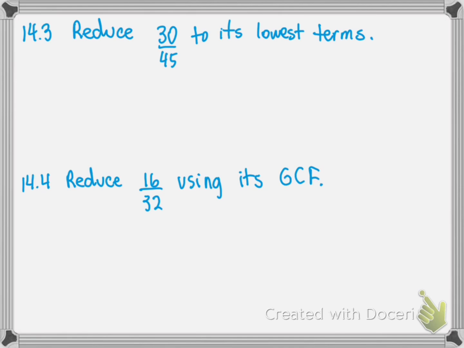In 14.3, they're asking us to reduce. So in this case, we need to simplify, we need to reduce, we need to divide both of the numbers by the same number so that we get it to its lowest terms. We're going to put the 30 and the 45, and we're going to divide by the same number both on the top and on the bottom. So if we do that, 30 divided by 5 is 6, and 45 divided by 5 is 9.